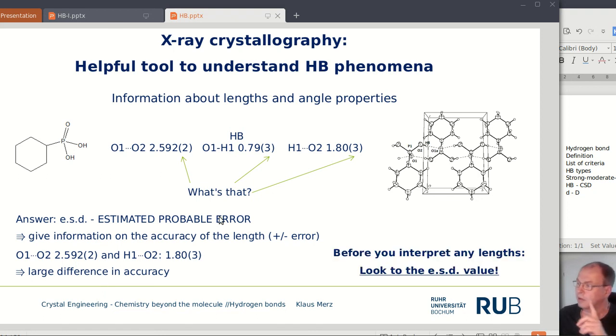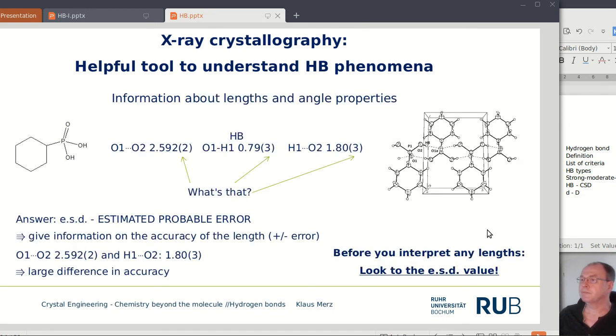So please, in general, not only in this course, if you analyze any bond lengths, before you start discussing anything, have a look at the ESD. Sometimes you have a very large ESD, an error in the first digit, so it makes no sense to discuss something like this. Okay?